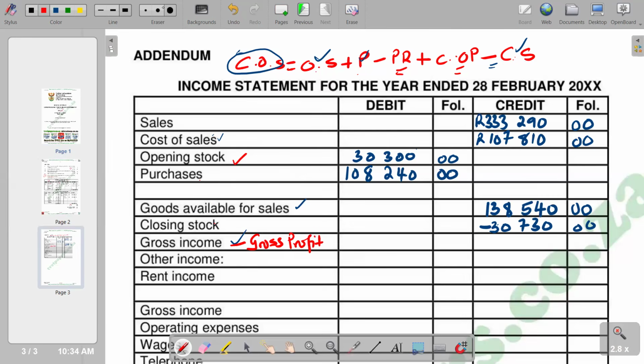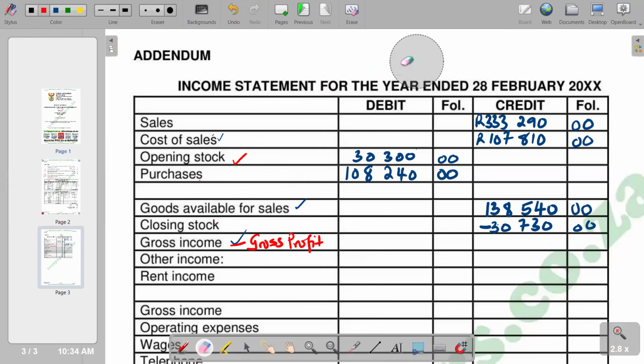So to get our gross profit, we say our sales minus cost of sales. So basically, we are saying gross profit is equals to sales minus cost of sales. So exactly what we have there.